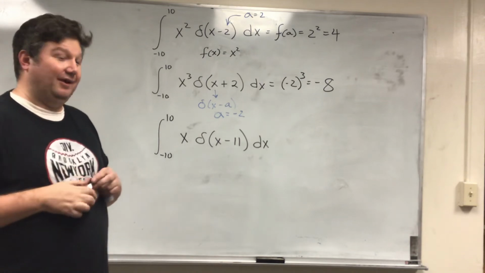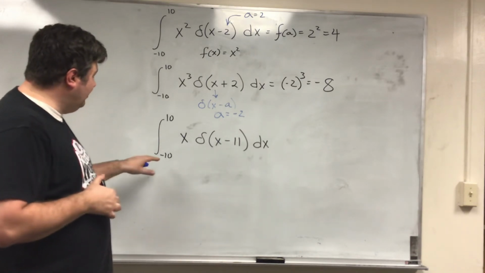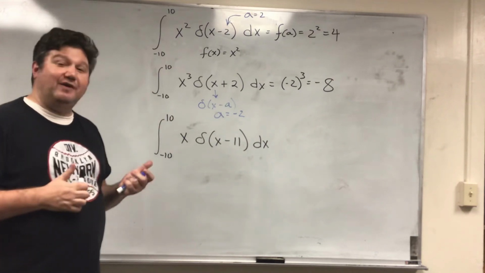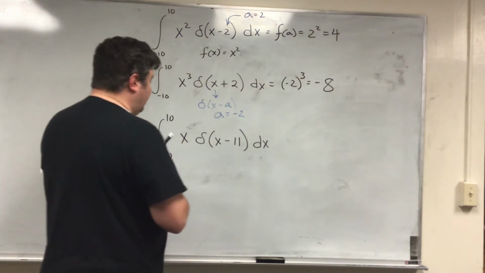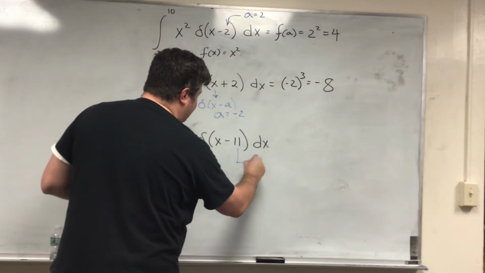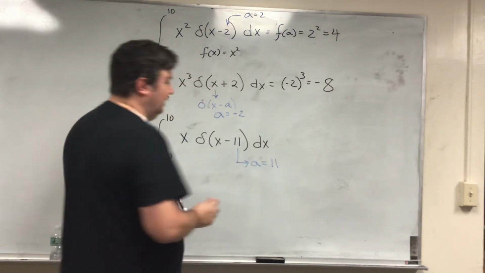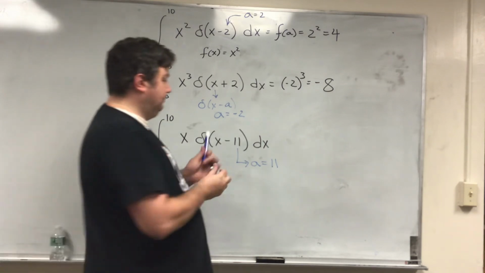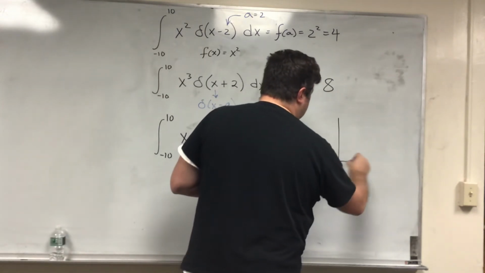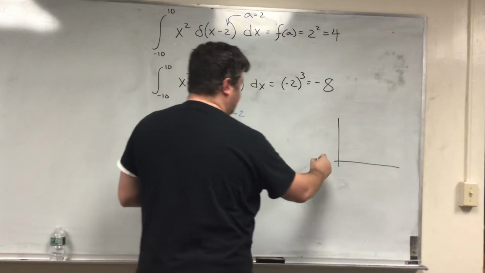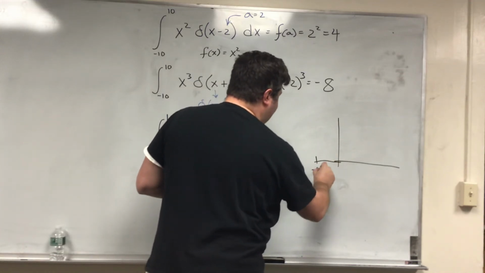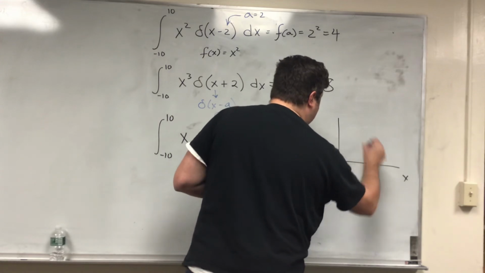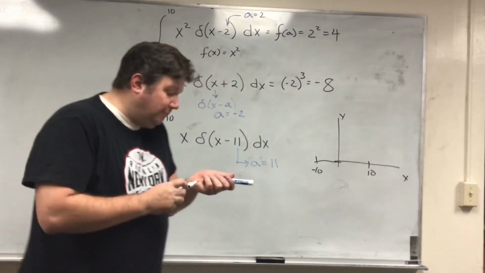Okay, what am I going to get here? Well, I'm doing my integral from minus 10 to 10. What value is a? Here, the value of a is 11. So remember what our plot looked like. We're starting our integral at minus 10, and we're going to 10. Where would the spike be?